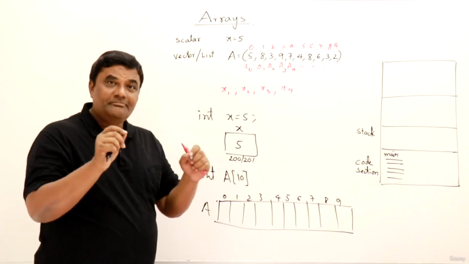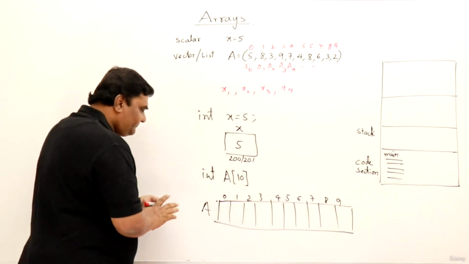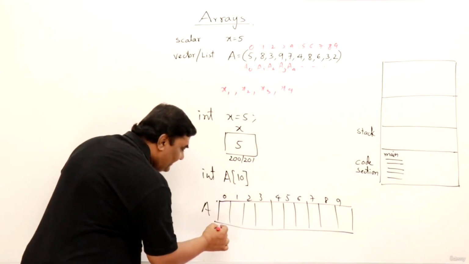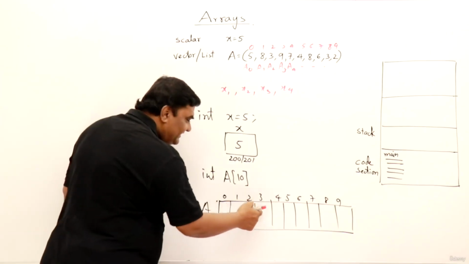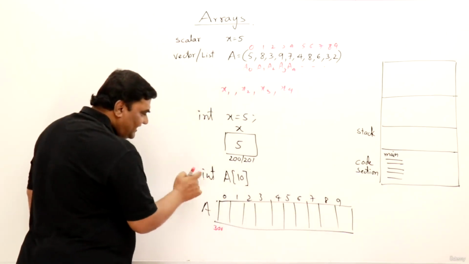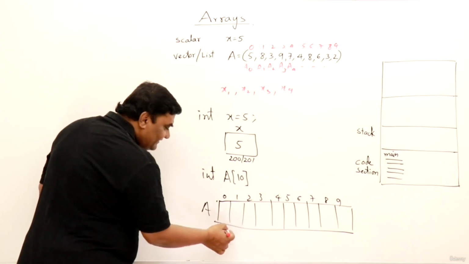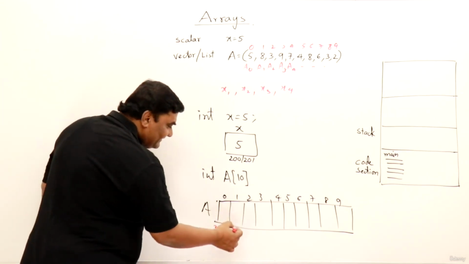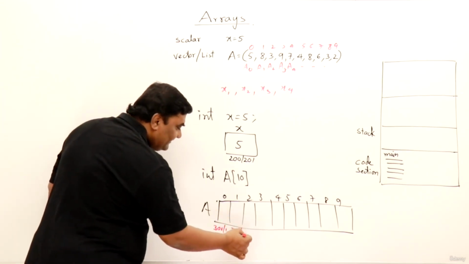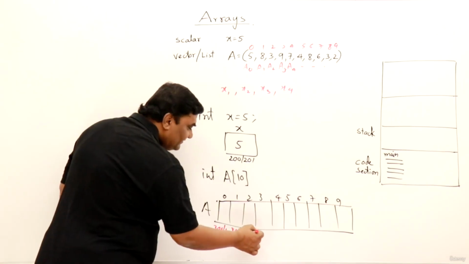If you want to see the memory allocated, let us say the first byte's address is 300, as each is an integer only. All these are integers. In total we have 10 integers. So the first integer's memory is 300 and 301. Right? Next is 302 and 303. Next is 304 and 305.